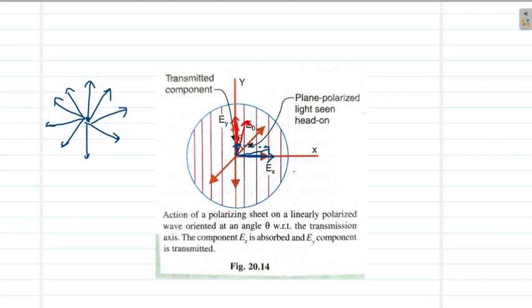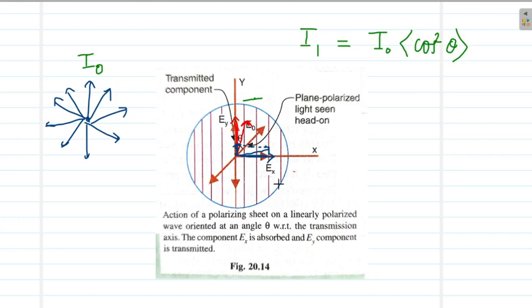So what will be the intensity of the transmitted light? Suppose I0 is the intensity of the incident unpolarized light. What will be the intensity of the transmitted light? I call it I1, which is the plane polarized light produced by a polarizer. So I1 is equal to I0 into the average of all the possible thetas.